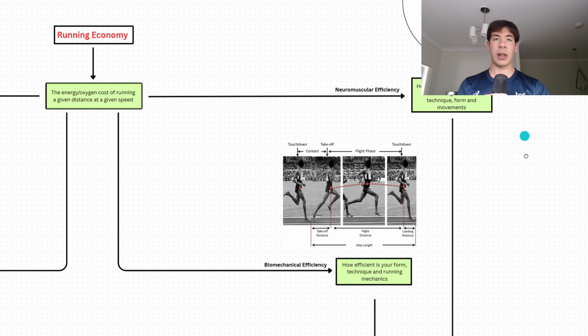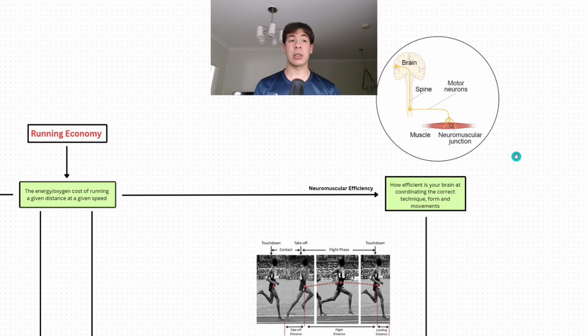Now, the fourth and last factor is neuromuscular efficiency. This is how efficient our brain is at coordinating the correct technique, form, and proper biomechanical running movements.